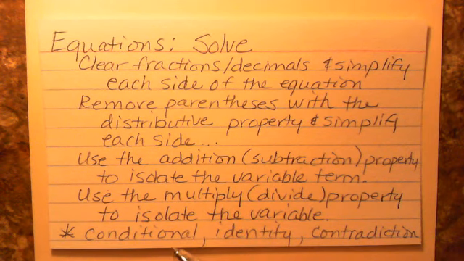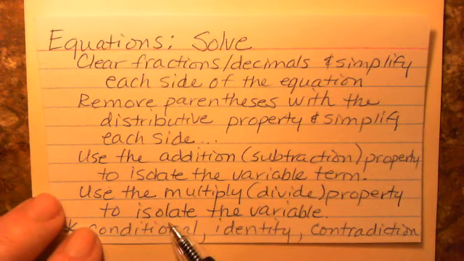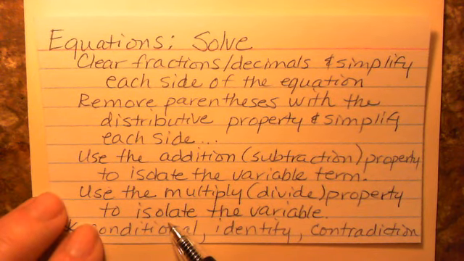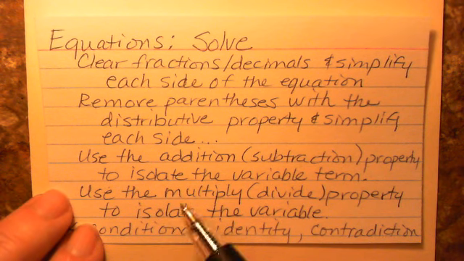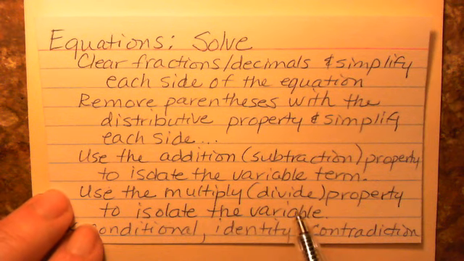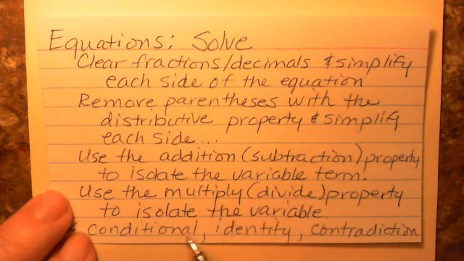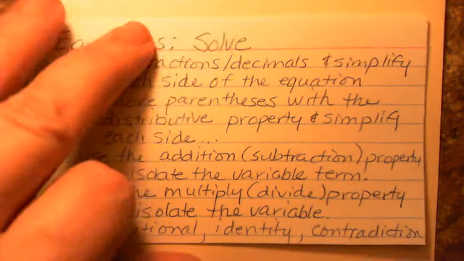Alright, and then remember that we have equations that are conditional, which we find a solution or solutions that work. Then we have equations that we call an identity and equations that we call contradictions. Alright, and we'll see examples of these.